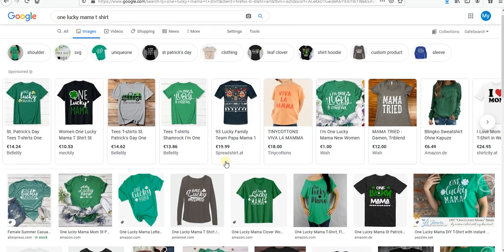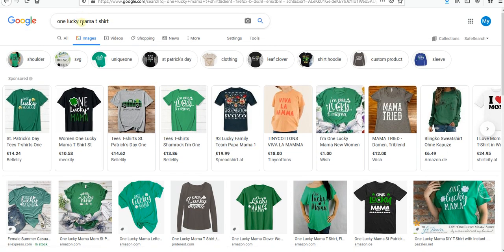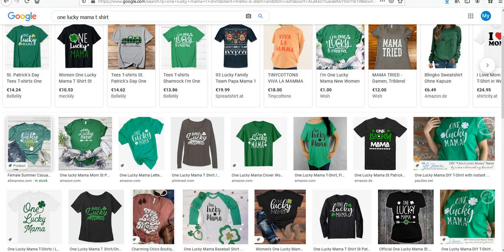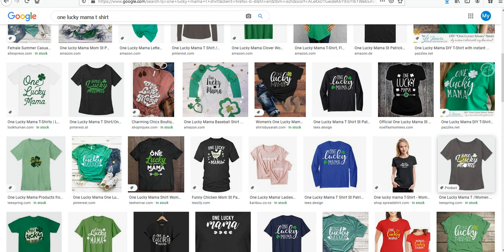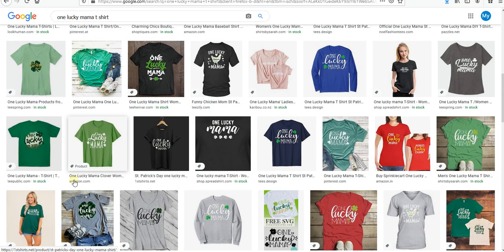I'm searching for "one lucky mama" because I want to make a variation. Here we can see a lot of other designs, in green t-shirt, in black with white, gray also working, blue. It's very nice. So here we can find a new idea and a lot of other variations.